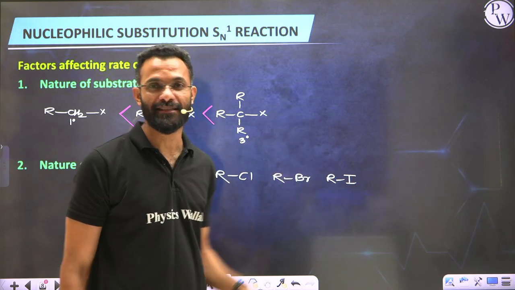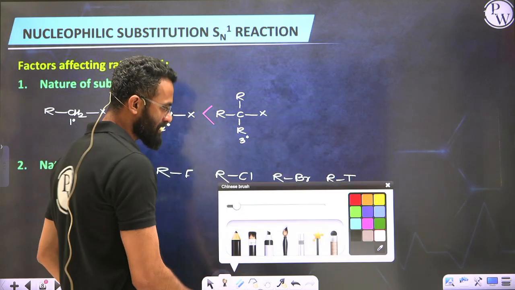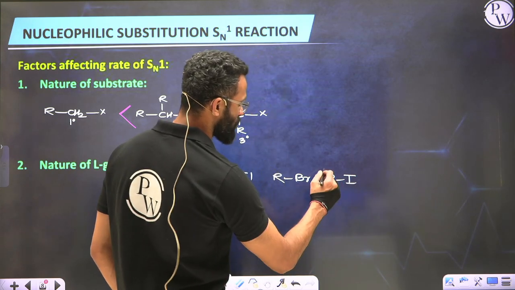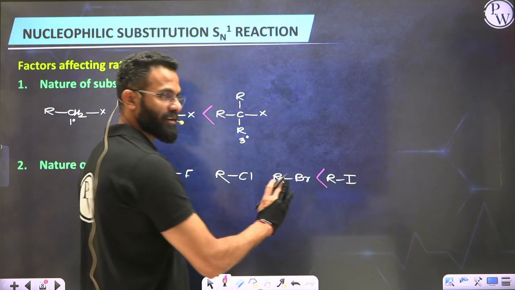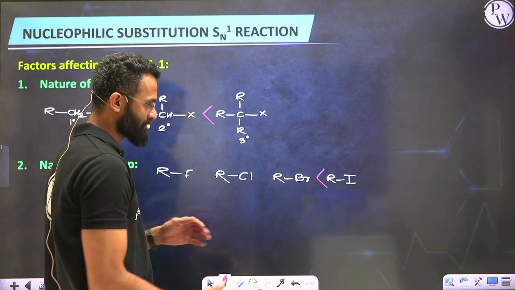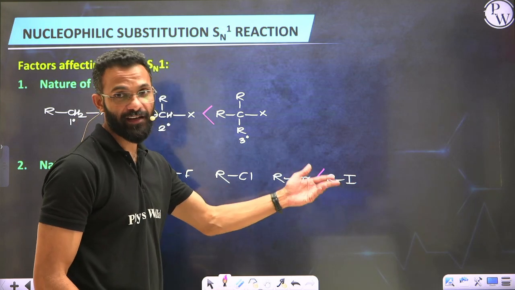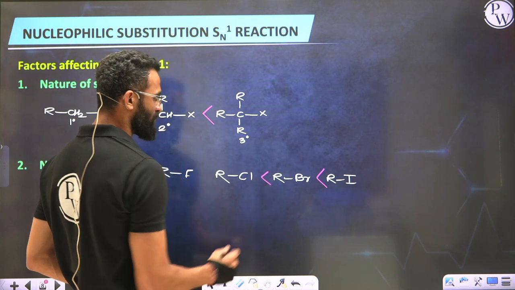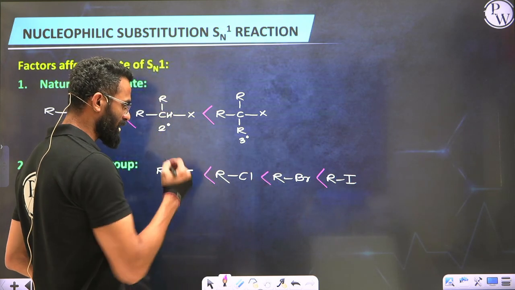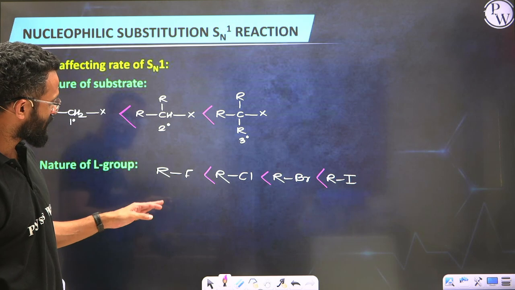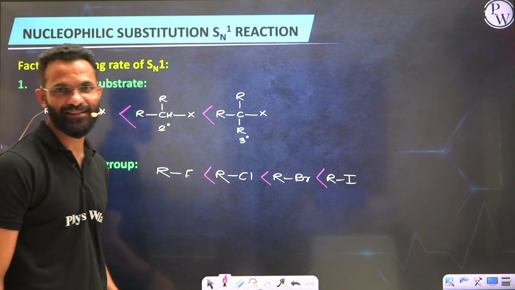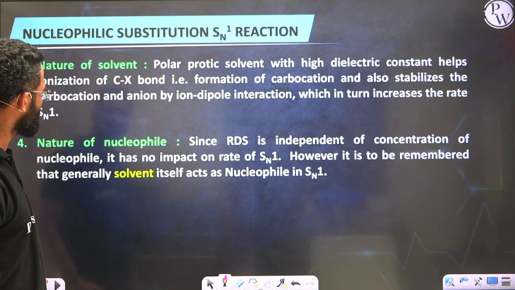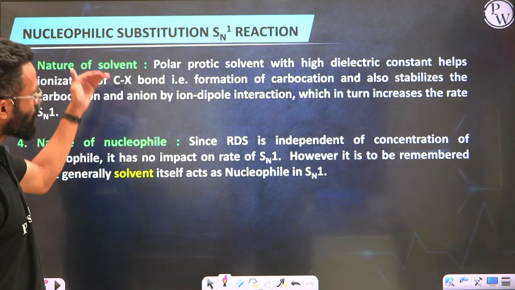So I minus is a poor base, and poor bases are good leaving groups, which means the rate of SN1 will be fastest when iodide is the leaving group, if I consider halides. So iodide will give you SN1 fastest, then bromide, then chloride, and the slowest reaction rate would be in the case of fluorides.